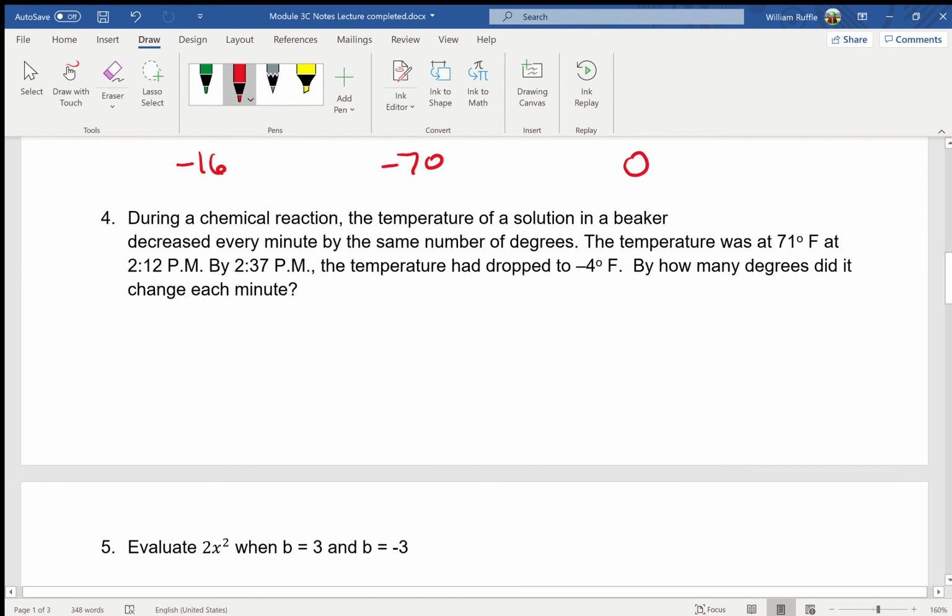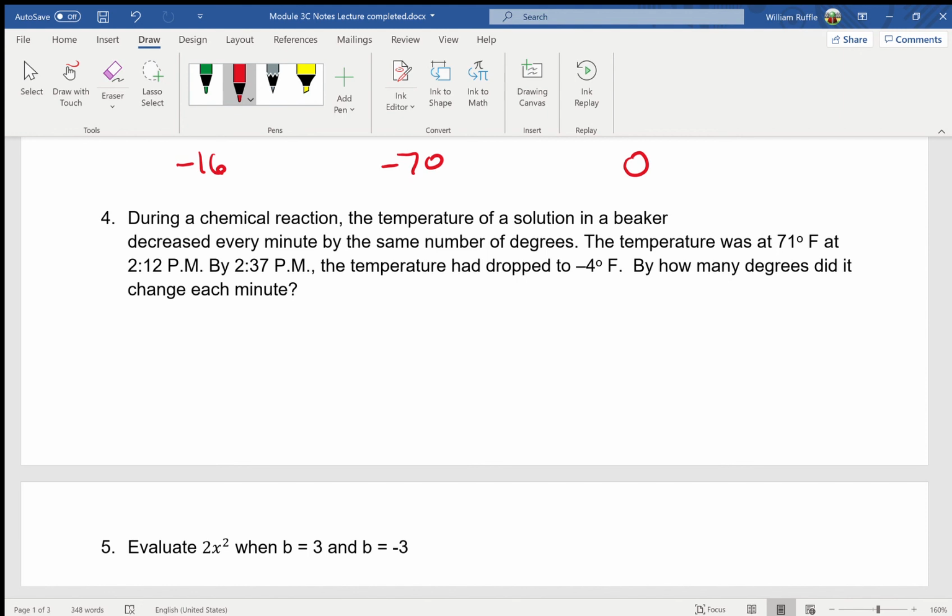During a chemical reaction, the temperature of a solution in a beaker decreased every minute by the same number of degrees. The temperature was at 71 degrees Fahrenheit at 2:12. By 2:37, the temperature had dropped to negative 4 degrees. How many degrees did it change each minute?